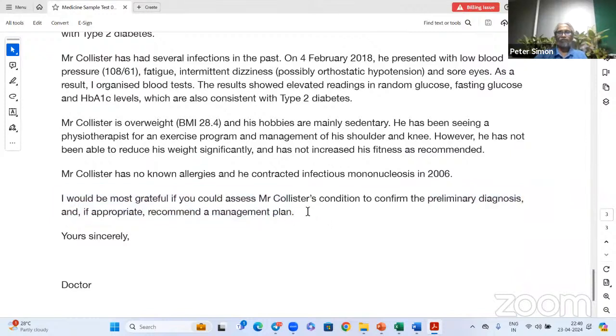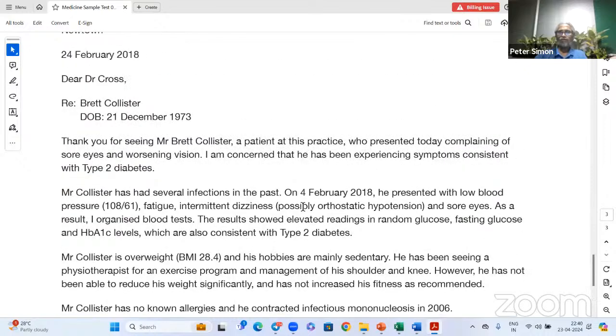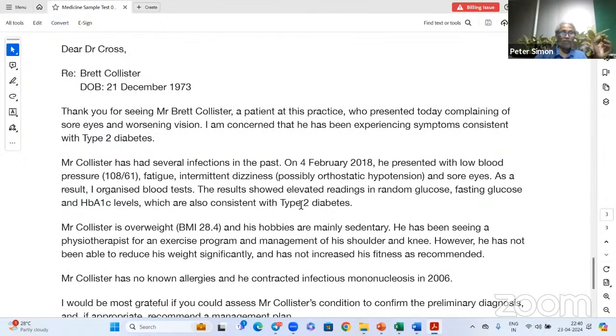It does not mention, in case of any additional information, please contact me. Not all letters have everything, even in the sample. This is an official sample letter, but it doesn't mean that in all the letters everything will be given. You have to collect information from everywhere.